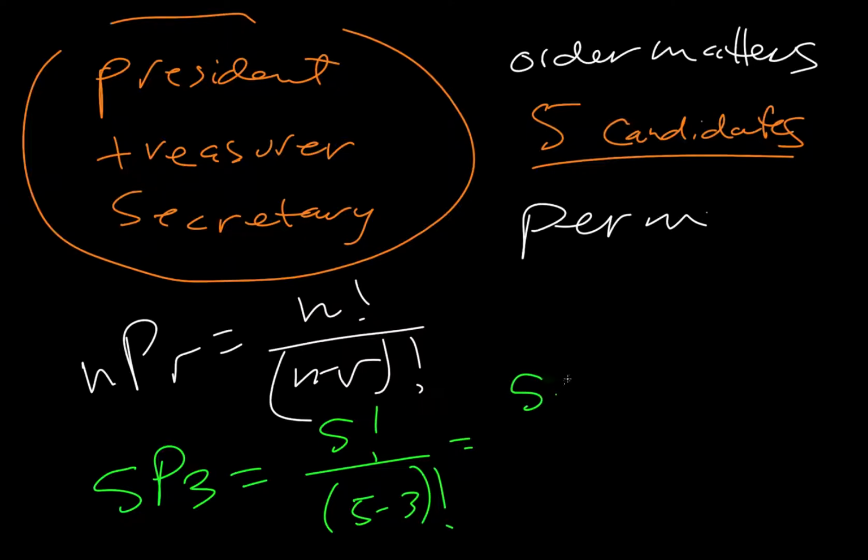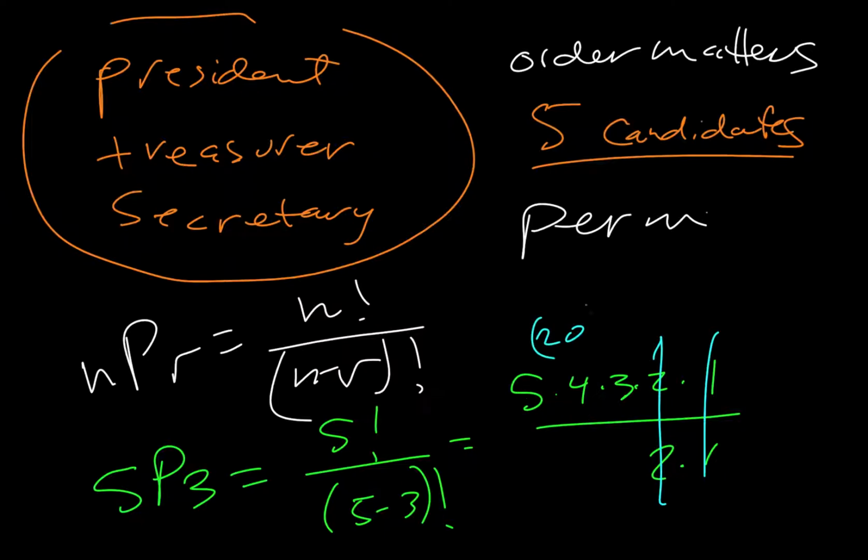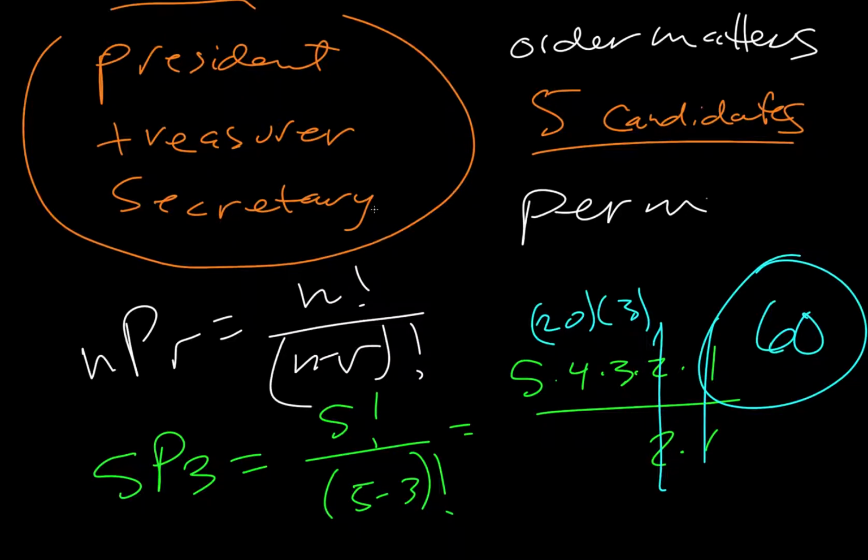So that's going to be 5, 4, 3, 2, 1. 5 minus 3 is just 2, so 2 times 1. 2's cancel, 1's cancel. And so now we're going to do 5 times 4, which is 20. And then 20 times 3 is 60. So there are 60 possible outcomes for this election. Okay.